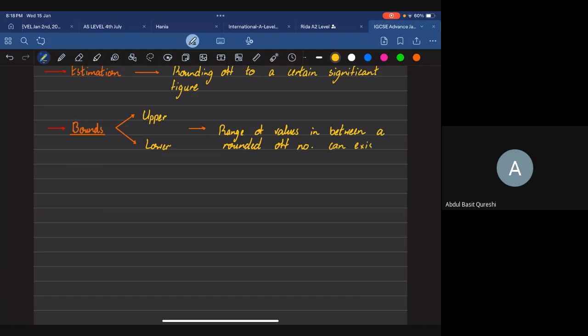So any range of values such that the rounded-off number could have existed in between those.